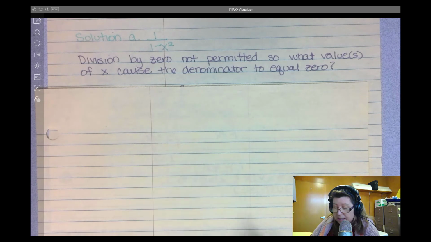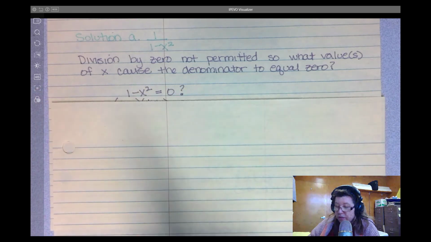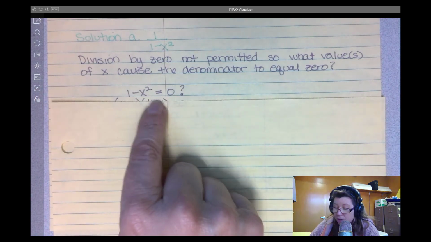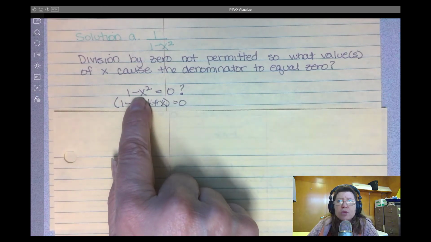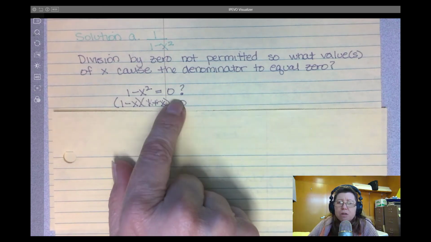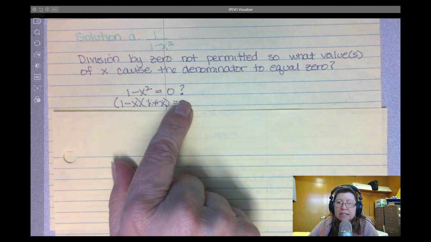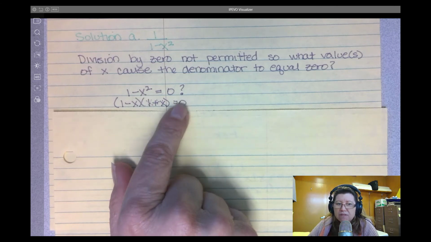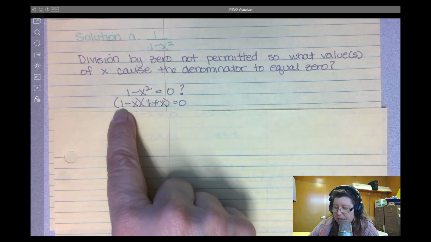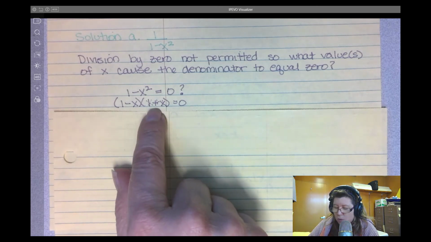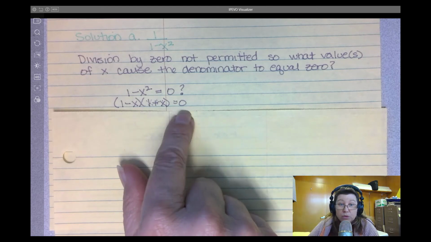The rest of it does not matter. So 1 minus x squared, when is it 0? I'm going to factor this. You could have moved the x onto one side and then taken the square root, but I've chosen to factor this. And I get 1 minus x and 1 plus x equals 0.